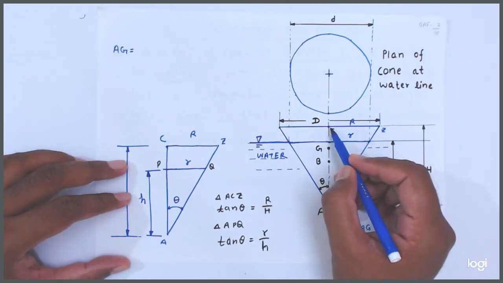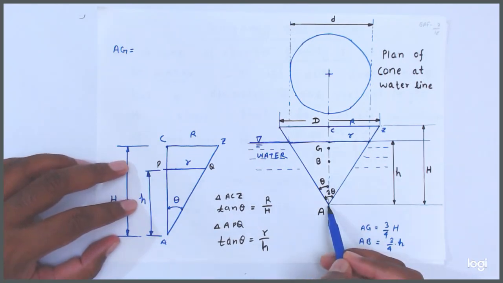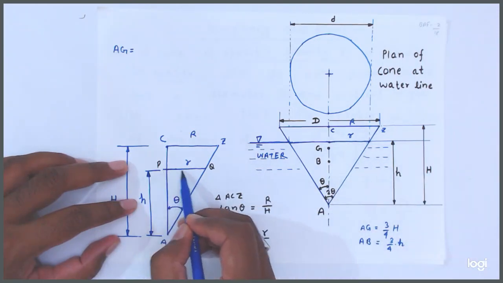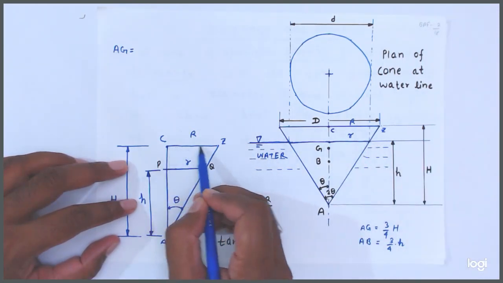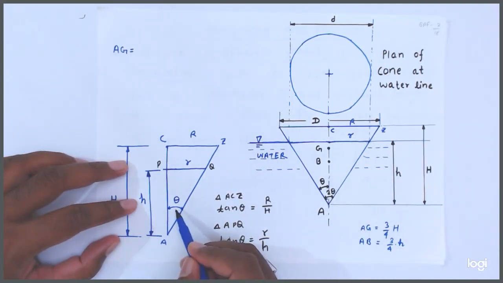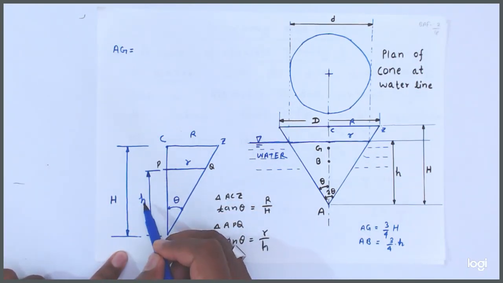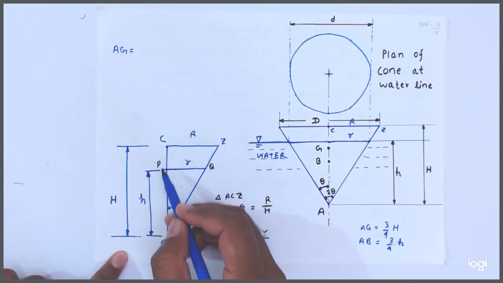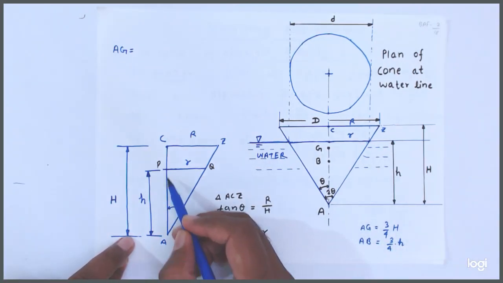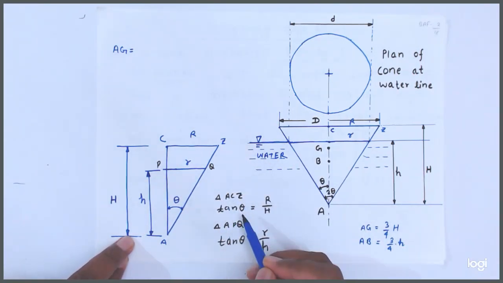Now if you consider this half part, here you see this is point A, and this is the surface level, and this is the base level, making half angle theta. Now here you see this surface level is at a small distance h, and this base is at capital distance H. In this triangle ACZ, tan theta is equal to what?